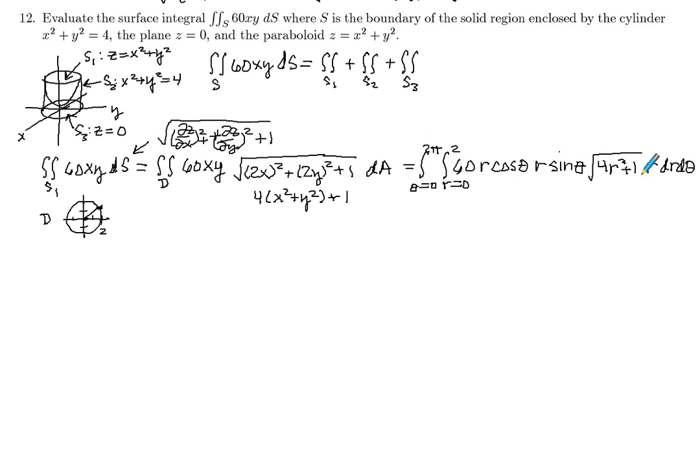So notice everything's multiplied here, so we can actually separate these integrals out. So we can take the 60 and the r cubed, because you've got 3 r's, and the root of 4r squared plus 1. So we've got 60 r cubed, and then square root 4r squared plus 1, dr. And then that's going to go from r equals 0 to 2.